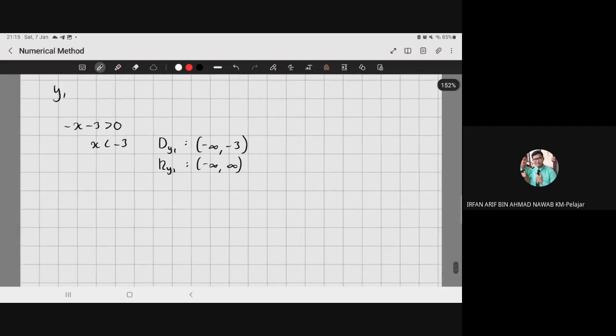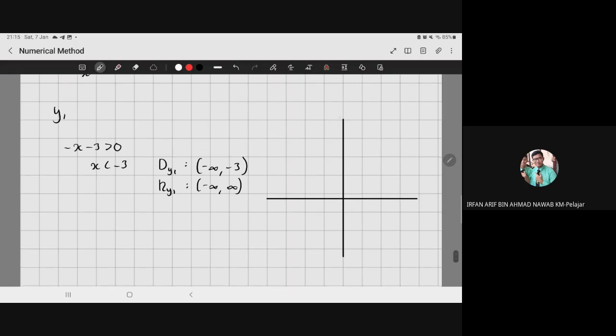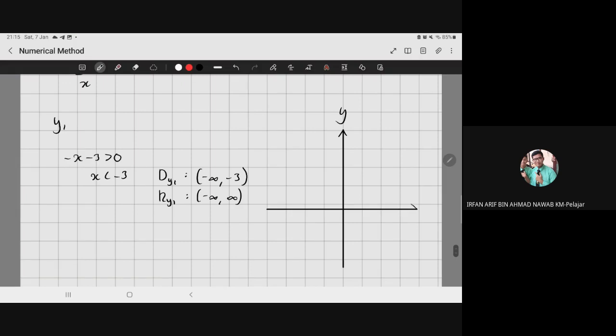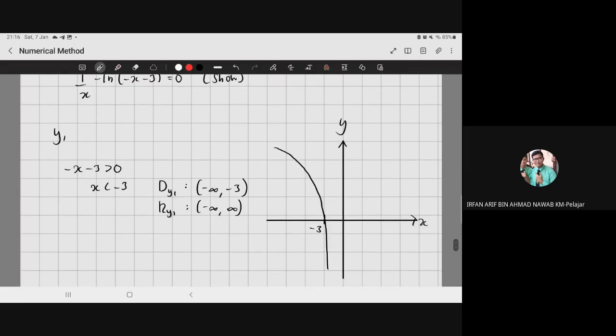Basically, you write our axes here. Okay, so we know for ln of negative x minus 3, it should look like this. Then here will be negative 3. Wait, no, I am sorry, it's not negative 3, it's negative 4.